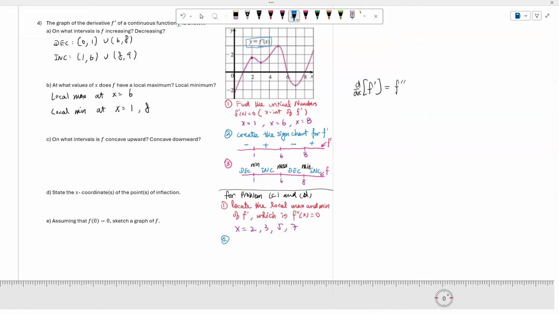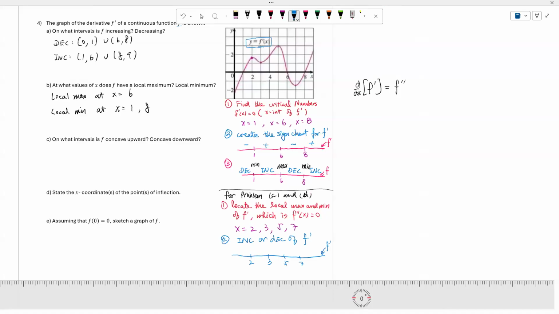Then second, looking for the increasing or decreasing of f prime. So then now 2, 3, 5, and 7. Okay.